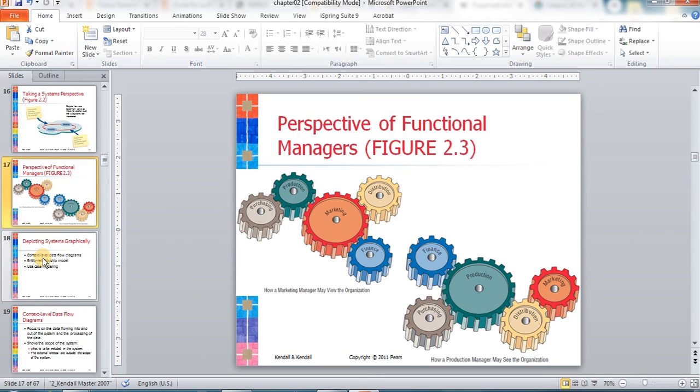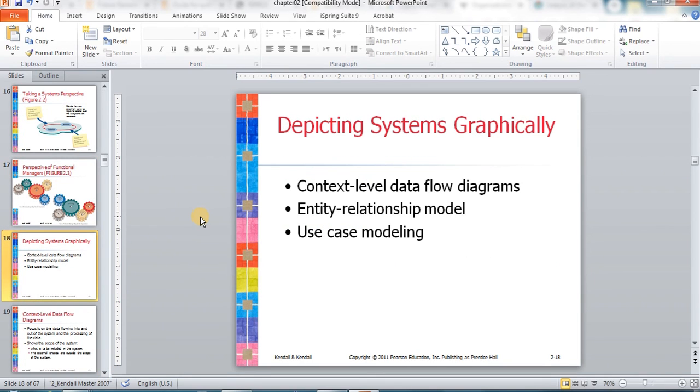So with that, we cover the first topic of this chapter, which is related to how to depict an organization as a system. Next time I will talk about the second part of chapter 2, which is how to visualize this depiction in a graphical way.